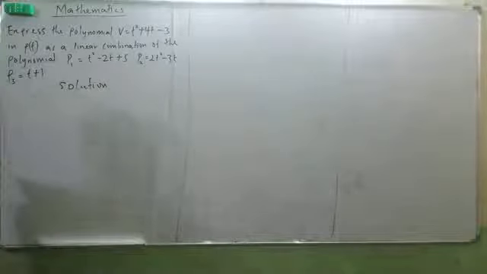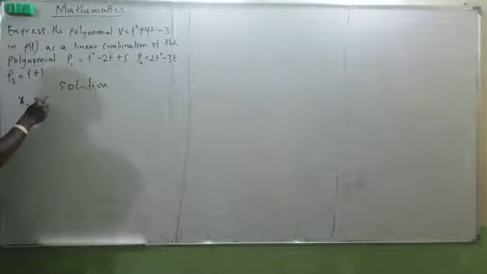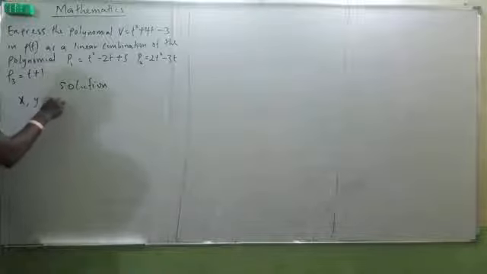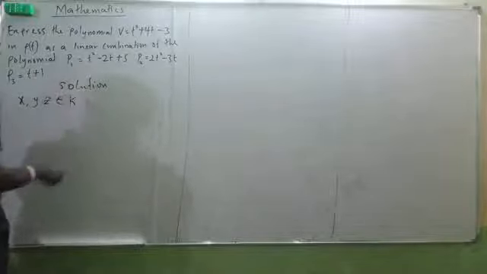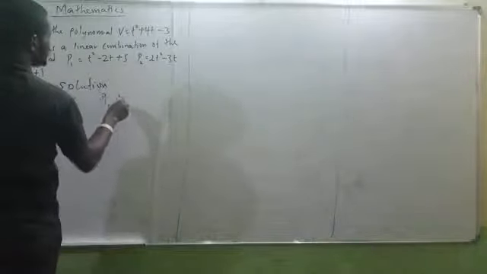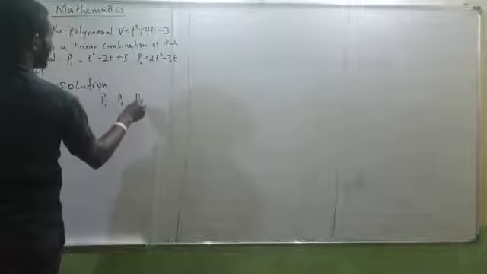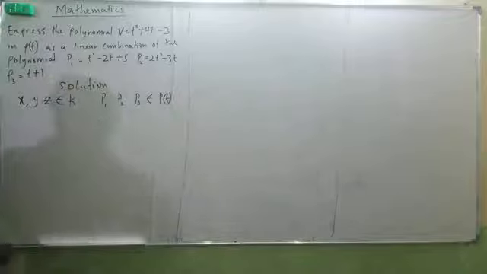What you just need to do is, how do I express this as a linear combination? Don't forget what I told you, that I will declare x, y, z belong to K, which is a field, and p1, p2, p3 belong to p of t, which is a polynomials.